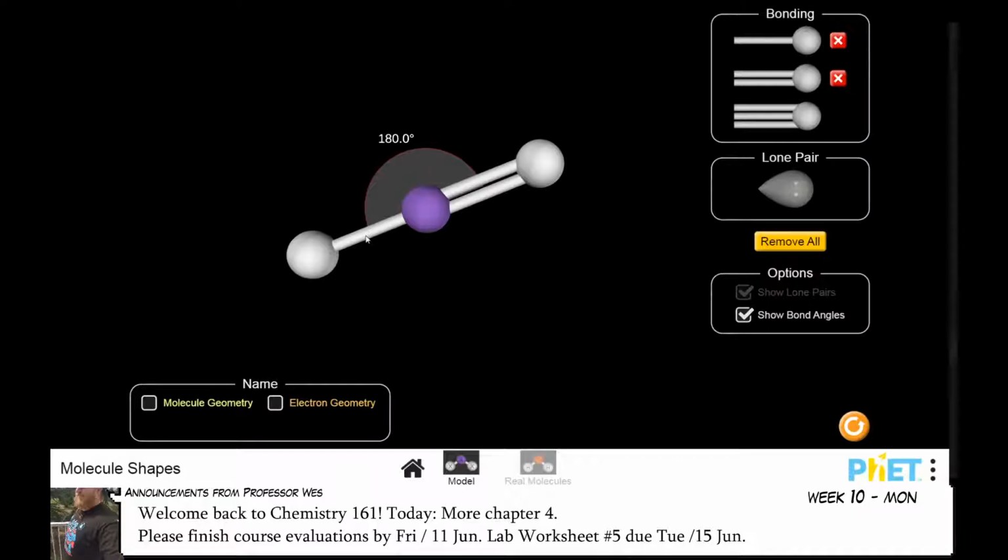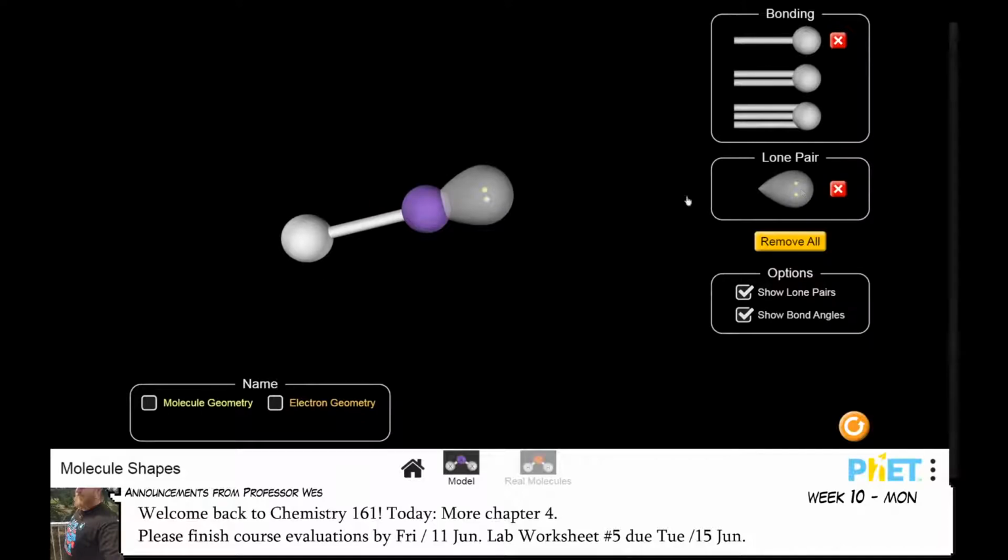Because there are 2 electron groups, one pointed in this direction and one pointed up here. Now, if I do this, there won't be a bond angle because there isn't a bond here. But these are still electron groups that are 180 degrees apart. So we're going to assign a name to any central atom that has 2 electron groups around it. We're going to call that linear.